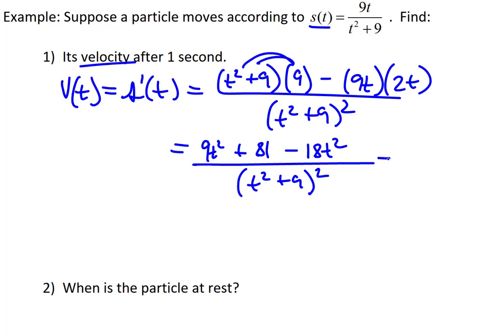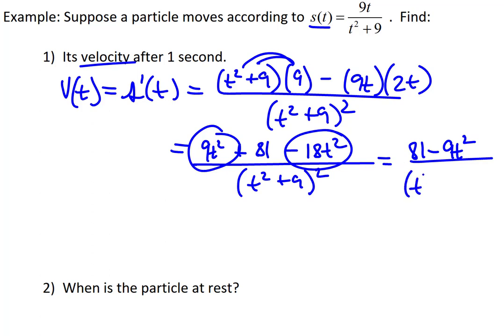If we take this even a step further, in the numerator, we can combine the 9t squared with the negative 18t squared, and we'll leave the 81 up there, but then say 81 minus 9t squared. That's negative 9t squared from combining those two terms. And again, that's all over t squared plus 9 all squared. So this result is the general v of t, the derivative of the position, known as velocity here.